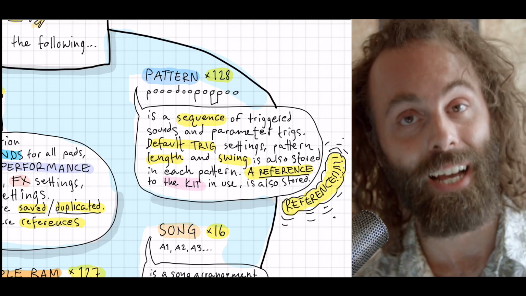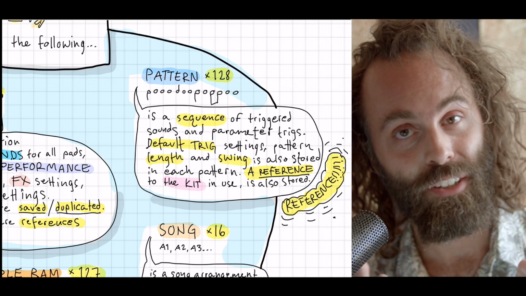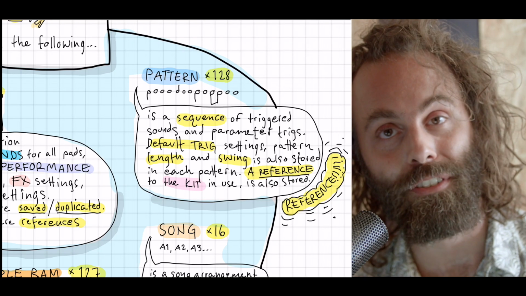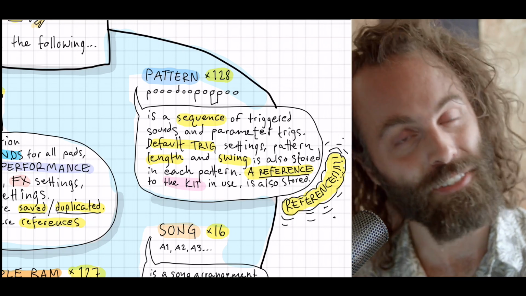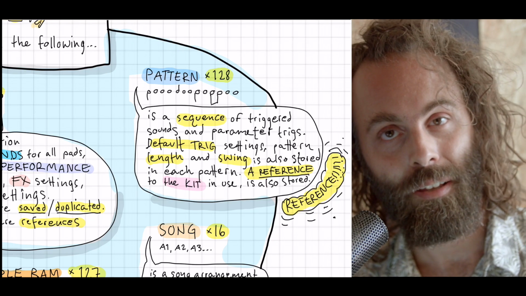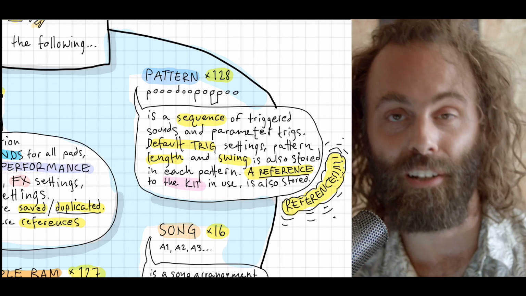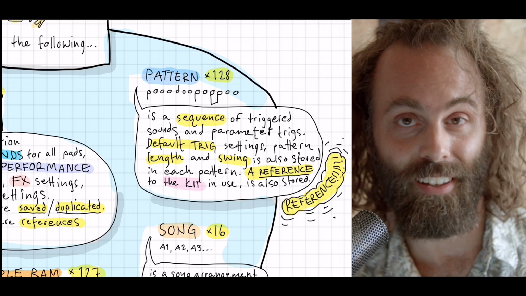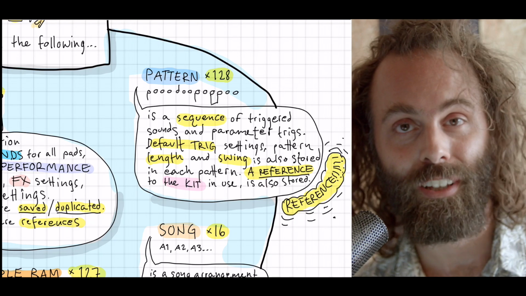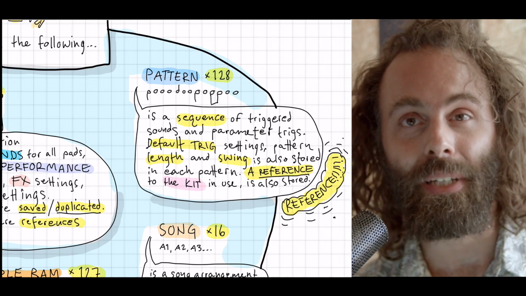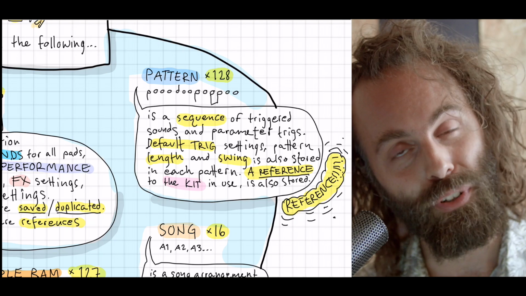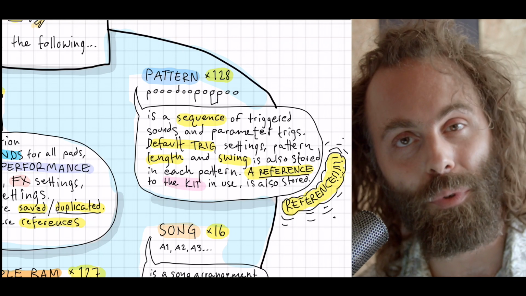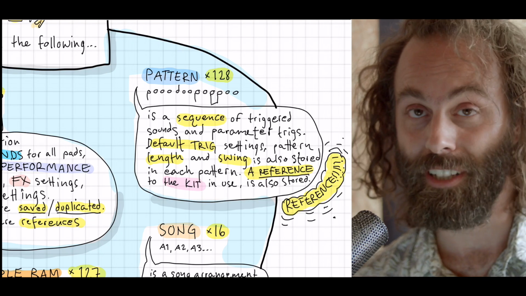And also in the pattern, there is a reference to what kit is being used. So the kit is not stored in the pattern, but there is a reference to what kit to load once that pattern loads. So this means that you need to pay super extra attention to what kit is loaded.